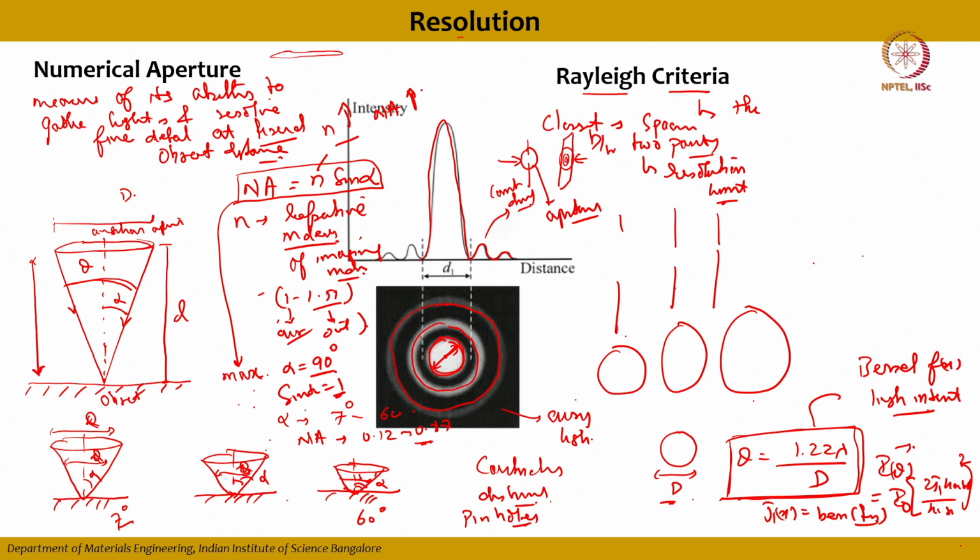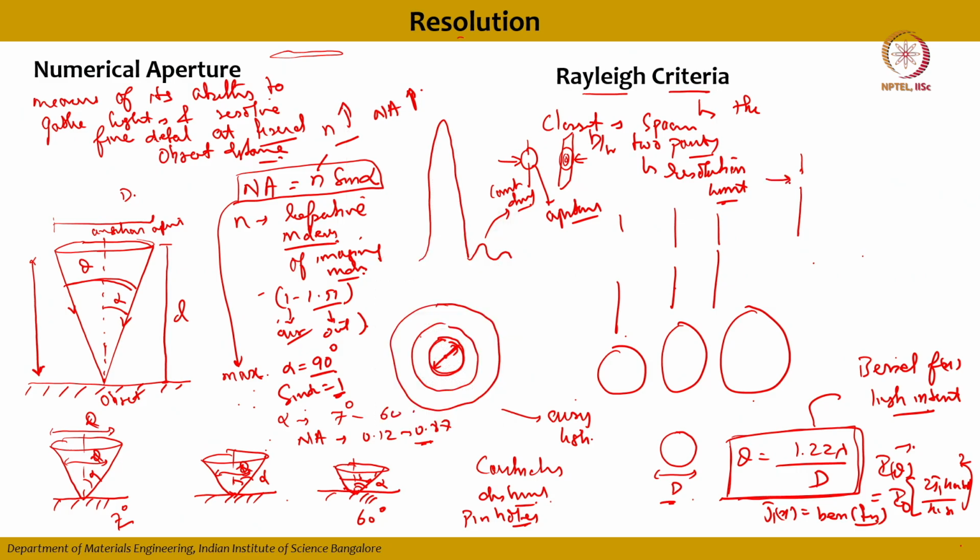Now let us understand what minimum means. If you have an aperture or a pinhole and light passes through the pinhole, and you project it on the screen, then you will have a large central peak of intensity. There will be a minimum, then an increase, then again a minimum, then an increase.